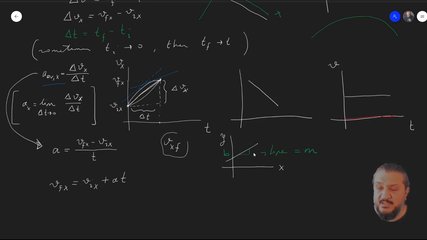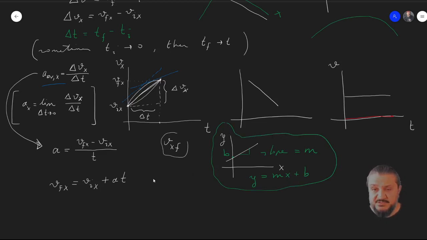Any y point along this line will be given by mx plus b. I'm sure you remember this from your math classes.